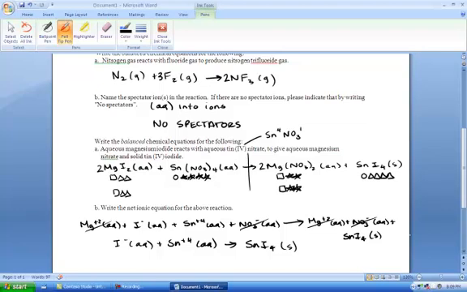Now I can balance it. In other words, I notice that there are 4 iodines on the right and only 1 on the left. So I will put the coefficient of 4 in front of iodide. For me, that's a lot easier than trying to balance it all along the way. I can just write the balanced equation at the very end.